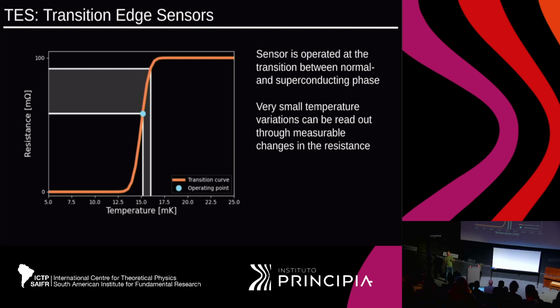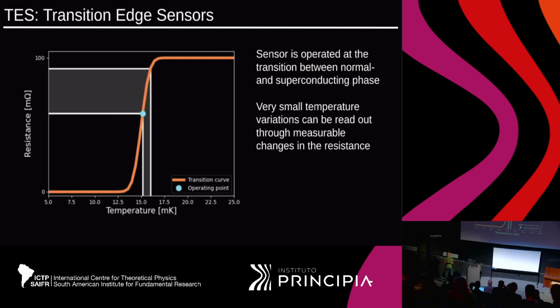For example, when you are going from water to solid in ice, you have there that a change in very few degrees changed dramatically the properties of the material that you are looking at. And in this case, what we are going to use is the transition between superconducting and non-superconducting states in a metal, okay, or any material.